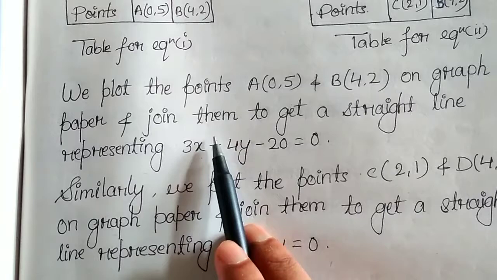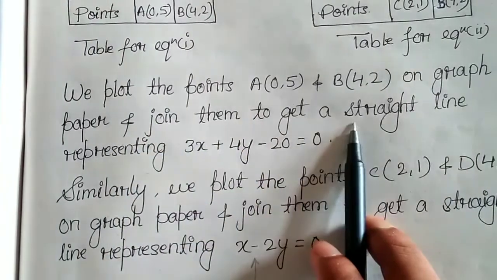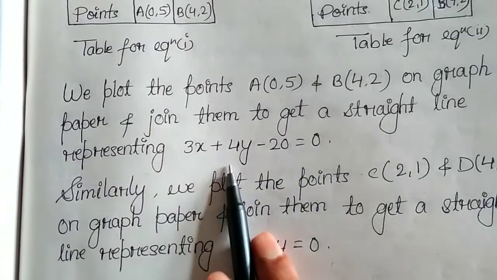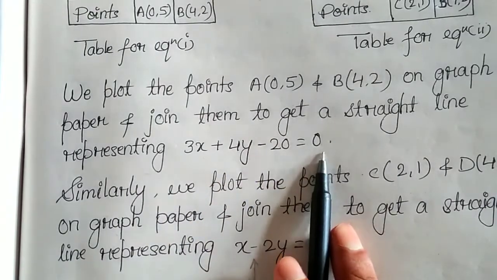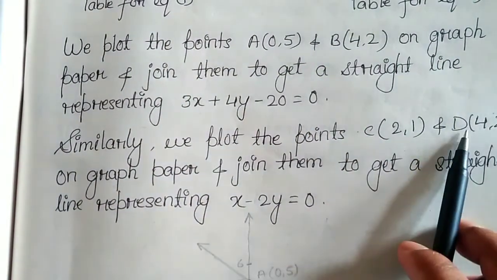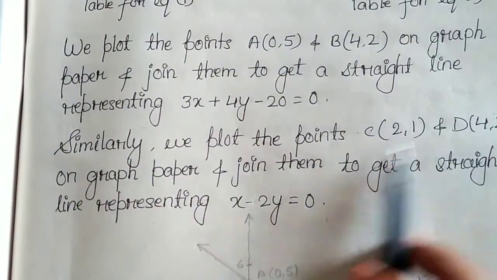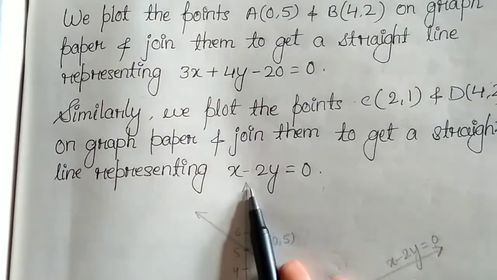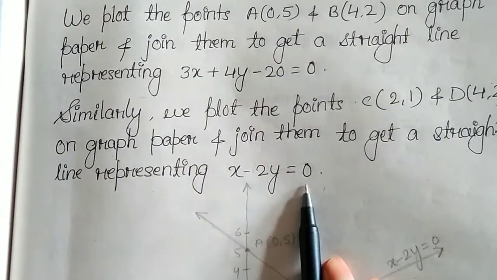If you join them, you will get a straight line which represents the first equation, 3x plus 4y minus 20 equals 0. Similarly, if you plot these 2 points on the same graph paper and join them, you will get another straight line which represents the second equation, x minus 2y equals 0.